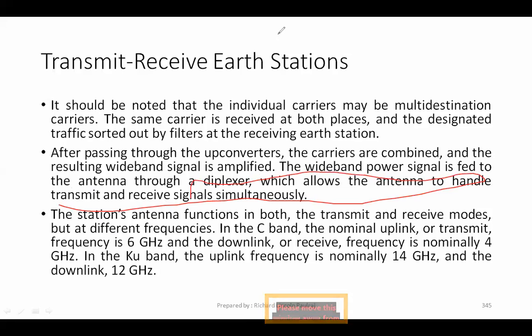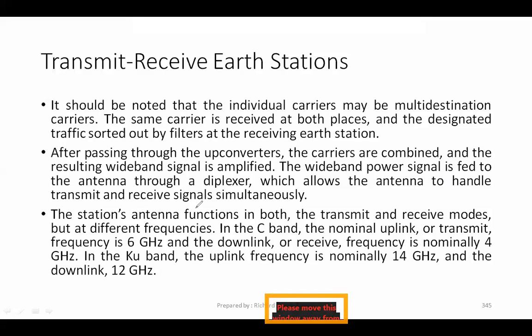The station's antenna functions in both transmit and receive modes. We do not want a single antenna which only receives information, and another antenna which sends information. Rather, we put them both together so that a single antenna can perform multiple functions.